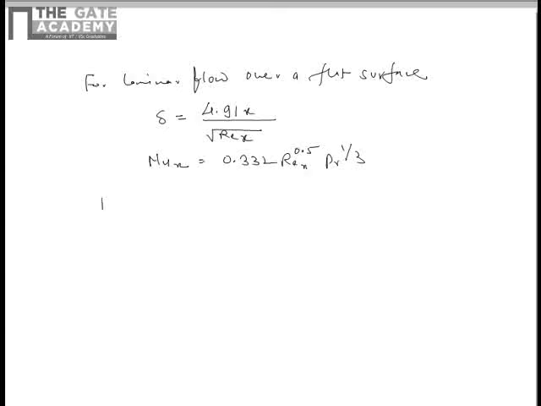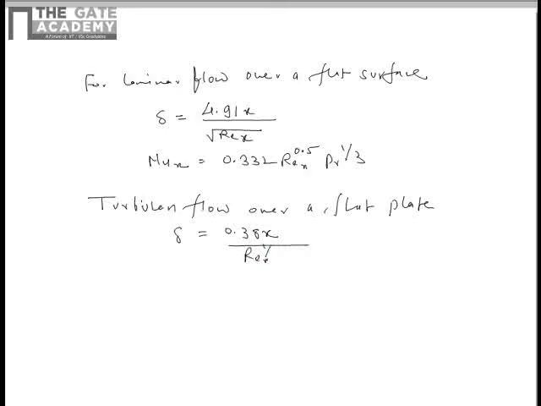Similarly, for turbulent flow over a flat plate or surface, velocity boundary layer thickness delta is given as 0.38 x upon Re x to the power 1 by 5, and the Nusselt number at a distance x is given as 0.0296 into Reynolds number to the power 0.8 into Prandtl to the power 1 by 3.